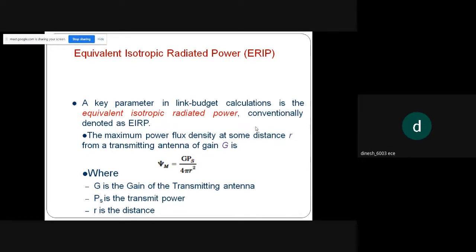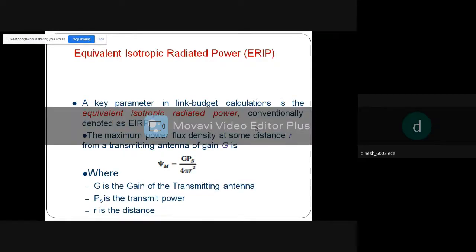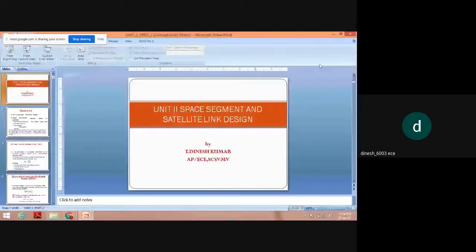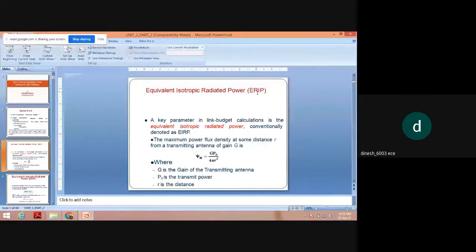Most probably everyone would have studied antennas. In that we have a parameter called EIRP. There is a typing error, let me change it. Equivalent isotropic radiated power.